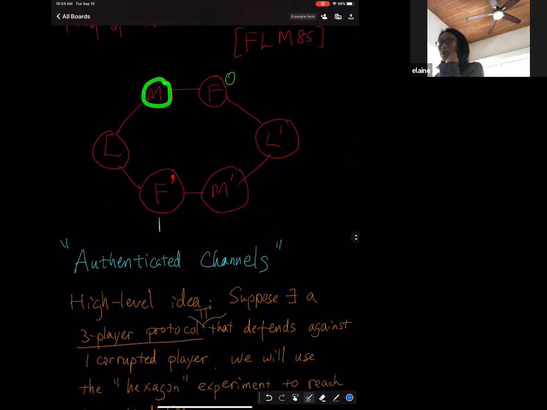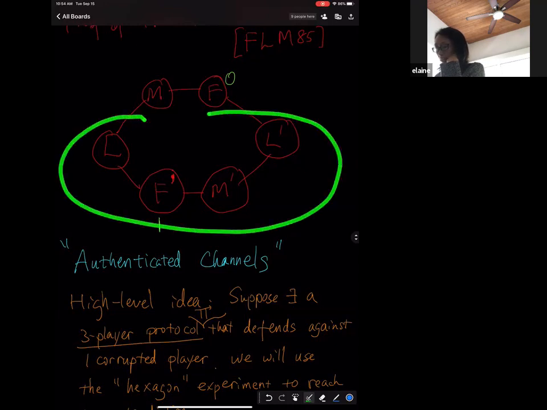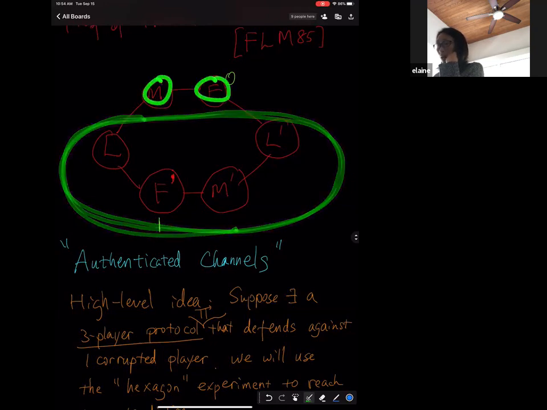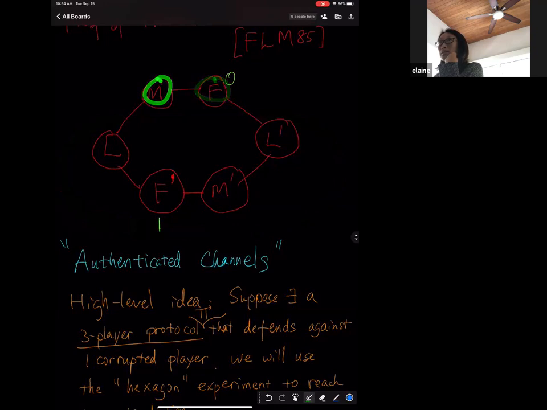So M should output 0 by validity of pi. So just very quickly again, imagine it's actually 3 players, F, L, and M. And this is a single node, L, which is corrupted. F and M are honest. By the validity property of the protocol, M should output the sender's input bit, which is 0.